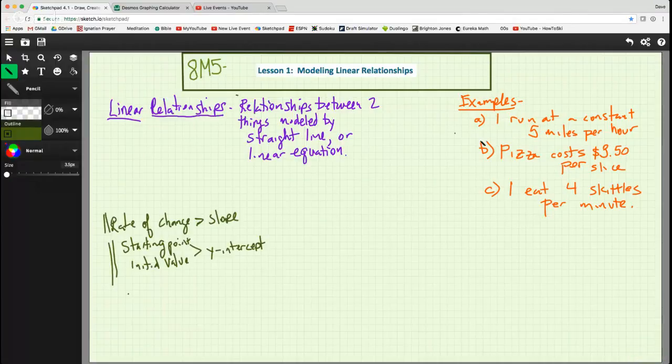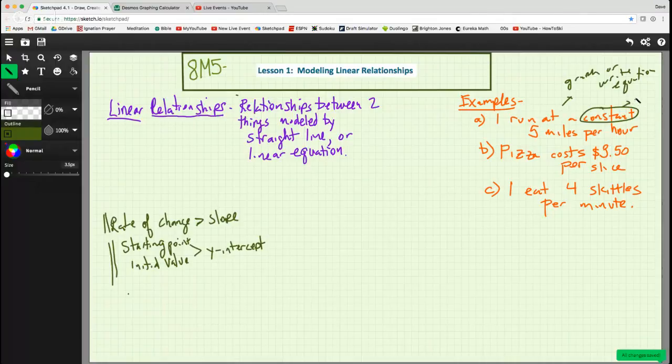Some examples are running at a constant 5 miles per hour. I can graph that. It's a straight line, or I can write the equation. Remember, whenever we're talking about constant, the constant is the key, a constant rate.